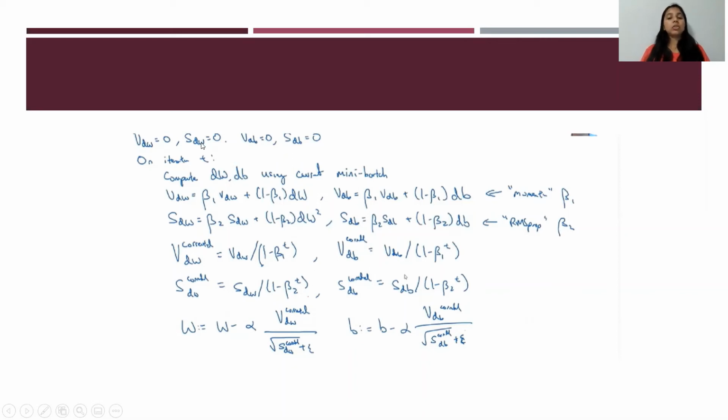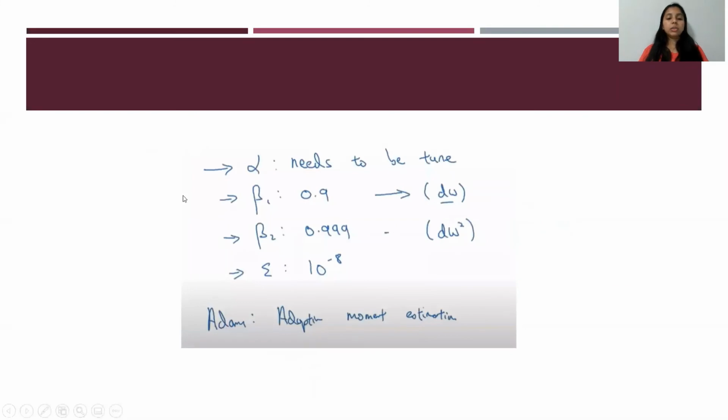So this is a combination of these two techniques. And for the Adam optimization method, the alpha needs to be tuned. Beta 1 is equal to 0.9 and beta 2 is equal to 0.999. Epsilon is equal to 10 power minus 8.